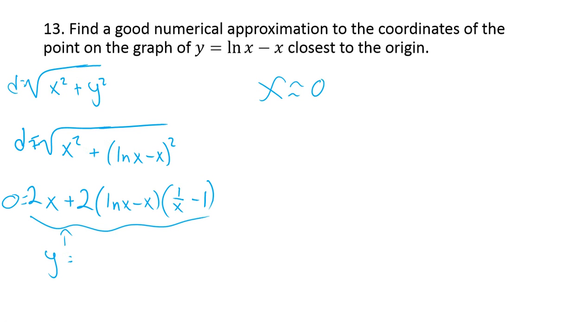It occurs at about 0.632784. And that means when we plug this back into this equation to find what y is, it's about negative 1.090410. So you will have to use your calculator for this one.